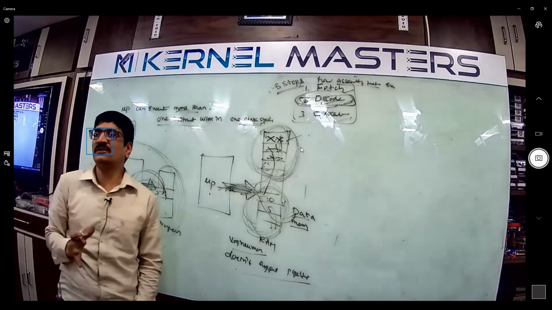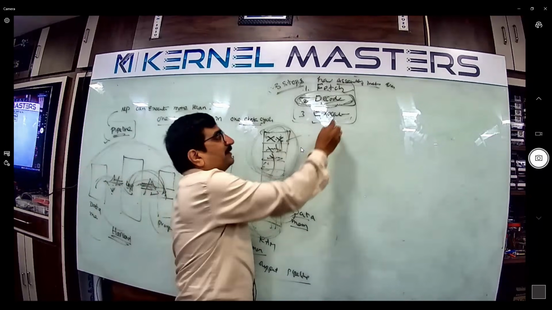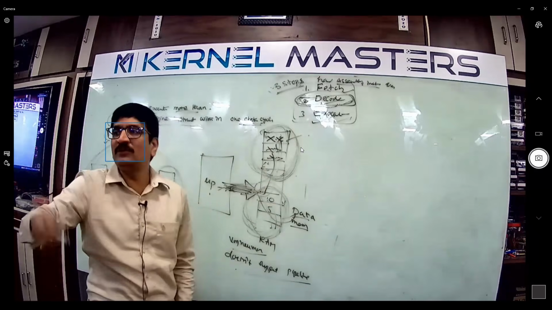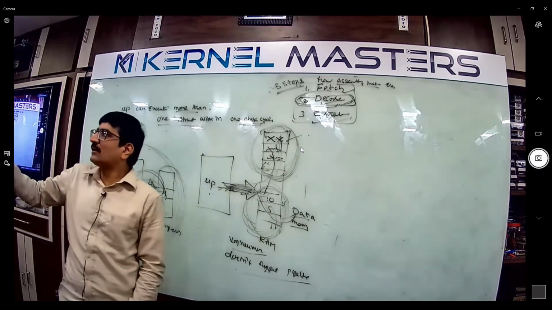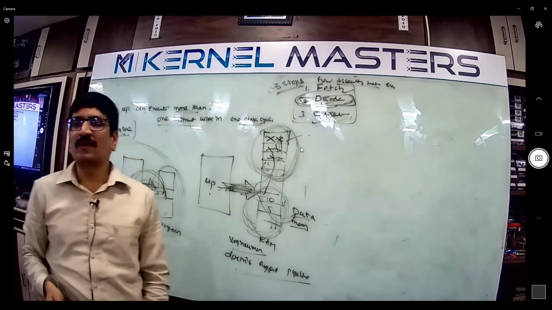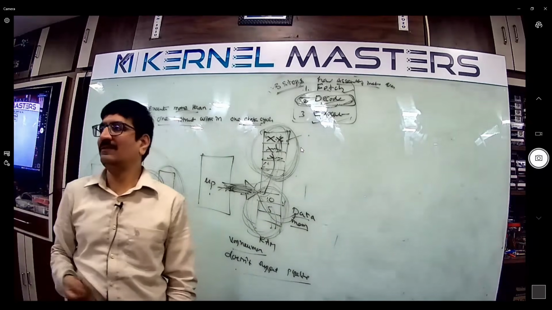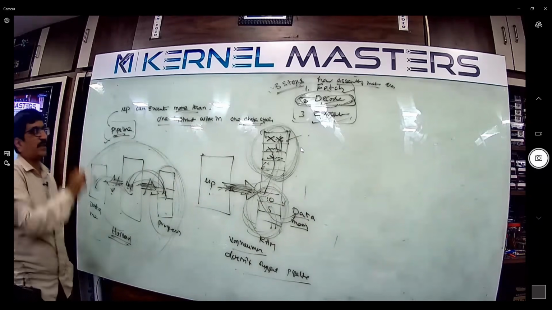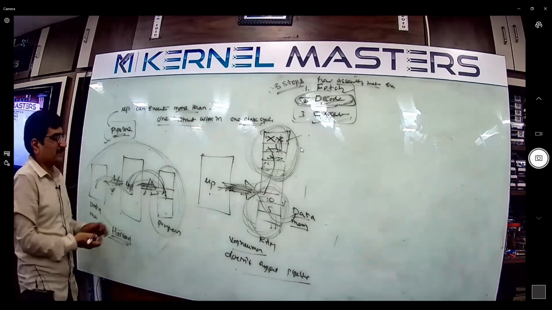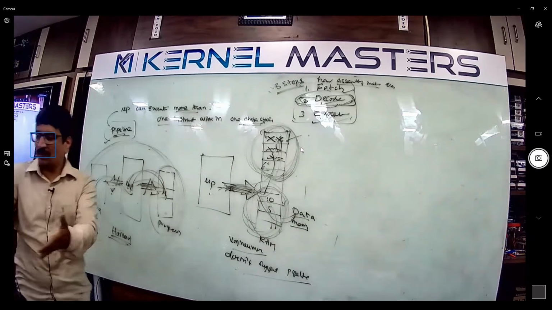What is the third step? Execution. Now it starts execution: move A comma B. Execution is nothing but transferring the B value to A. That is execution, the job done by the microprocessor. So the concept is simple. The RAM contains the programs. For example, I open a Word document.